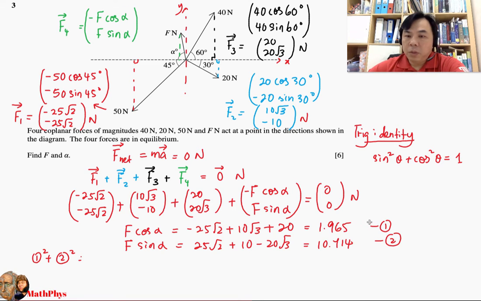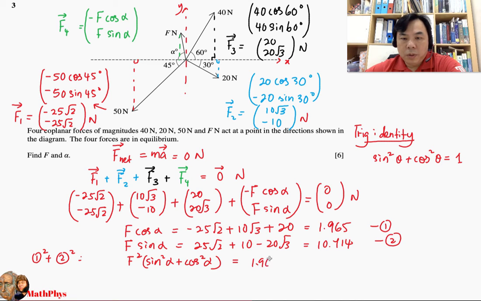So if you sum up the square of all this, you will end up with F square times sin square alpha plus cos square alpha should be equal to 1.965 square plus 10.714 square. Alright, so that's what we have.